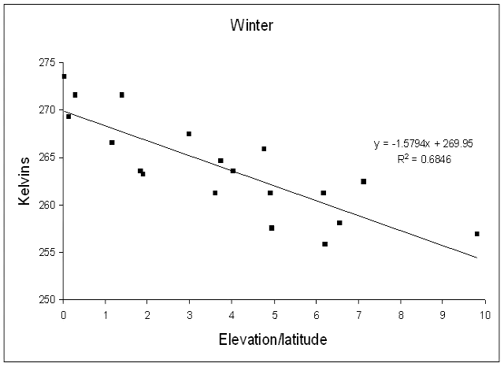So let's consider what this graph shows us. This is a graph of average winter temperature measured in kelvins versus the location of these various study sites, with location being measured by the latitude at which the site occurs, but also by its elevation.